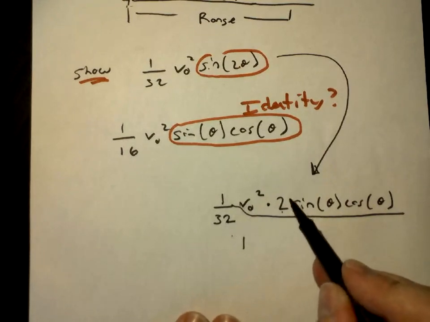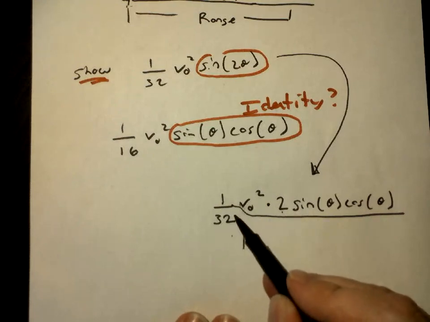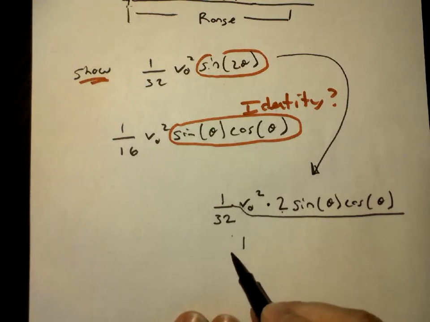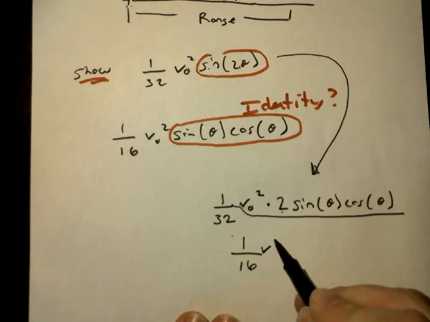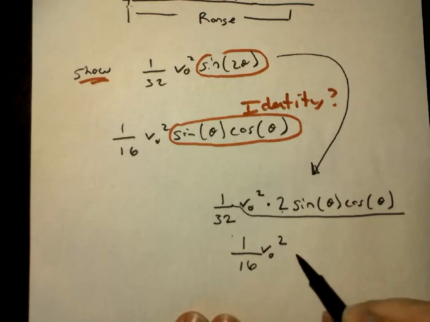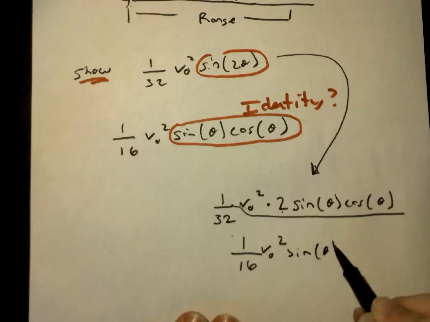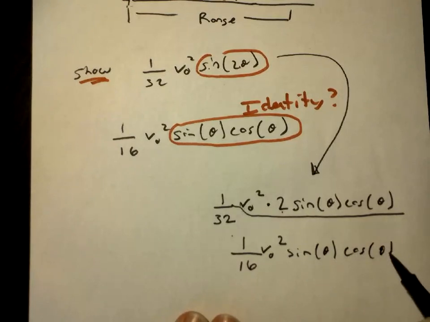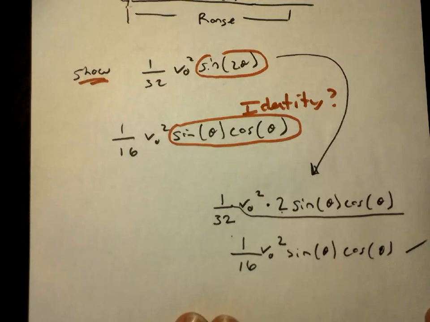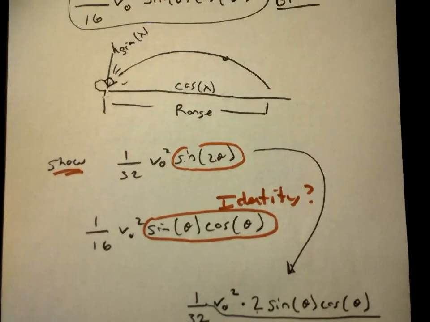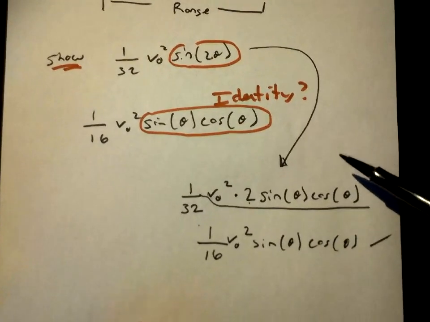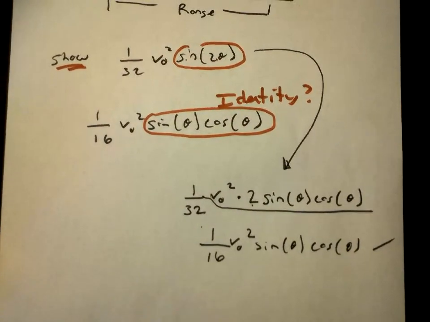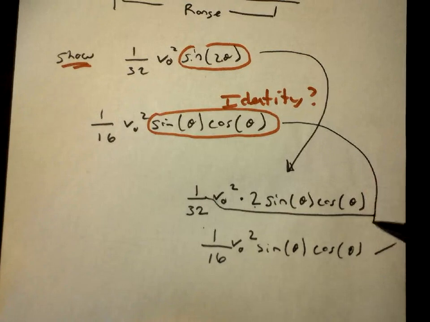Well, if you have a 2 on top and you have a 32 on the bottom, doesn't that go to 1 over 16? v0 squared sine theta cosine theta, and you have it. And that's what you needed to show from that one to this one.